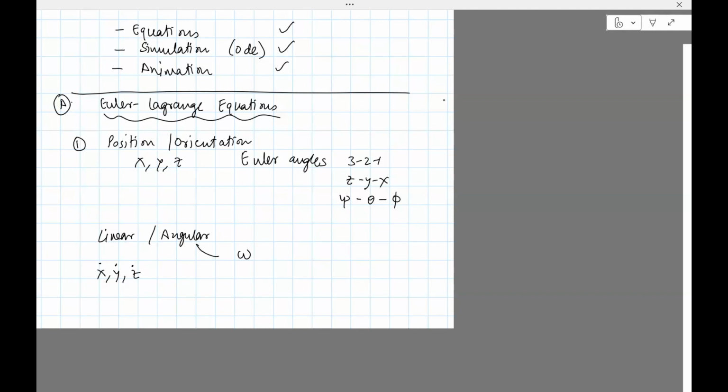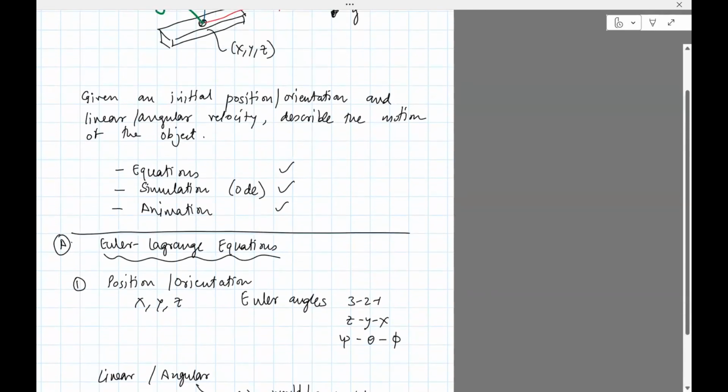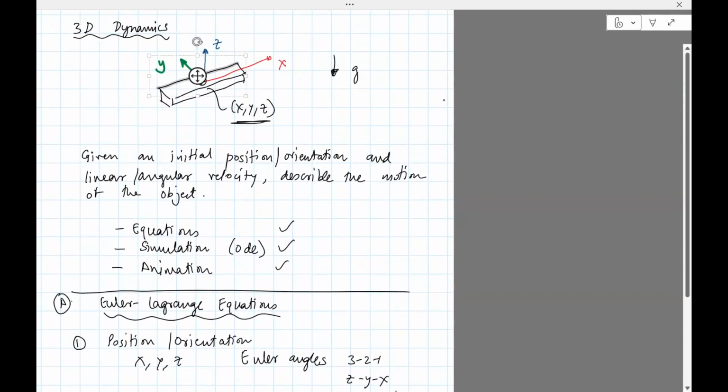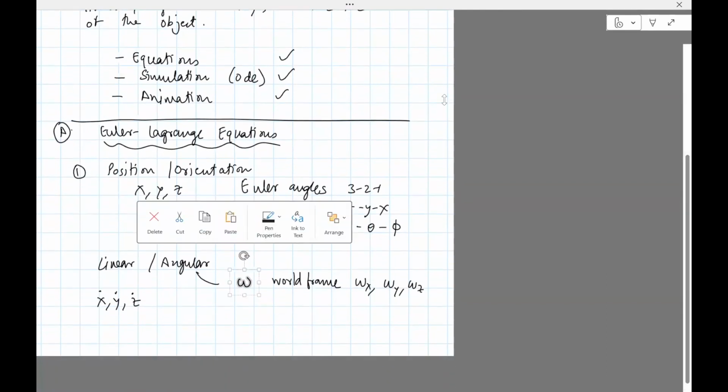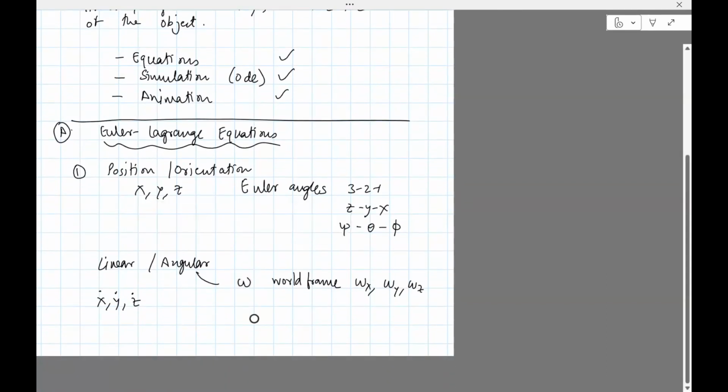The angular velocity, well, there were two things we had done. We had done angular velocity in the world frame. This would be omega x, omega y, omega z, and that angular velocity will always be along the global x, y, z. But we also looked at omega in the body frame.